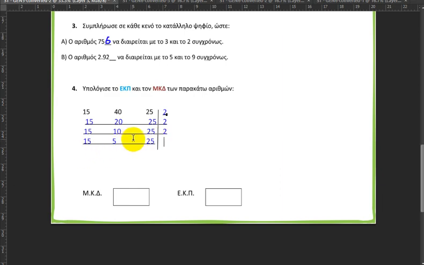All right, now they're no longer divisible by 2. None of them are. But we can divide 15 by 3. So this is going to become 5. And now all the numbers are divisible only by 5. So the 5s are going to become 1s.